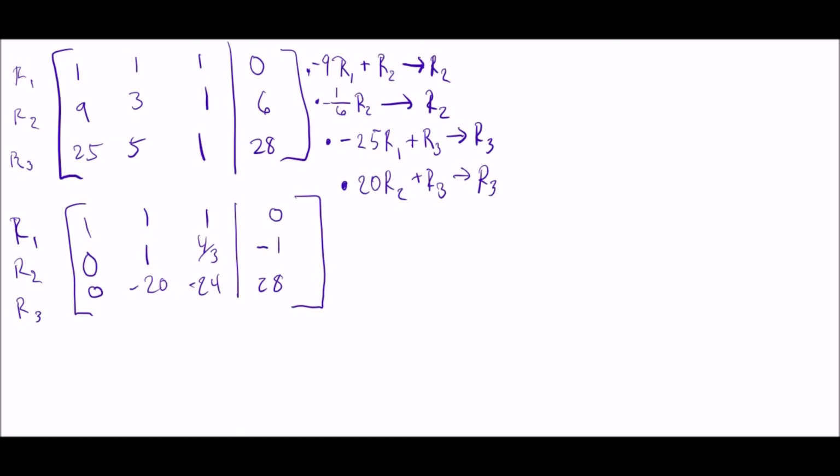Okay, 0, 0, we saw that. 20 times 1 is 20, plus negative 20 will make row 3 0. Let's see, positive 20 times 4/3, that's annoying. Well, 20 times 4 is going to be 80, and that's not divisible by 3. Oops, I don't want to do that.